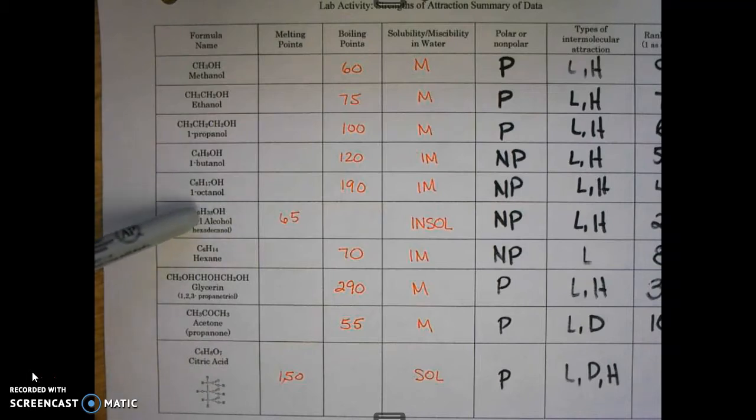So obviously 16 carbons is enough to give this molecule so many London forces that they stay together for a long time, so you wind up with a solid. Note that the melting point is still pretty low, so it doesn't stay together for a long time, but it still keeps the alcohol together long enough to go above room temperature and be a solid.